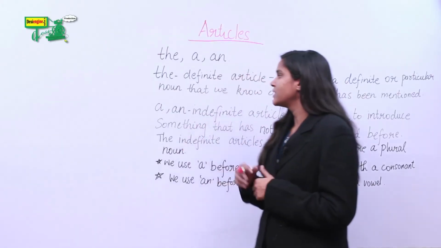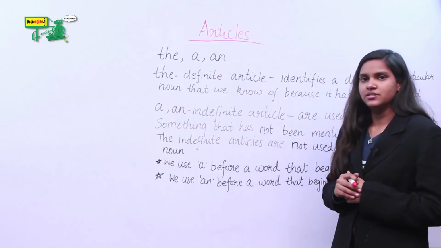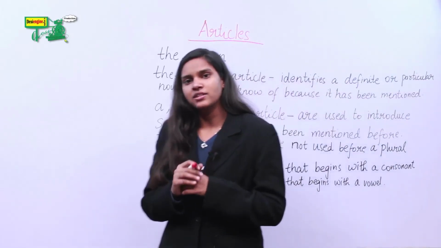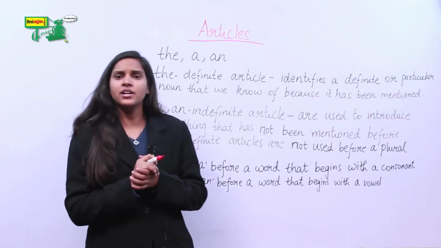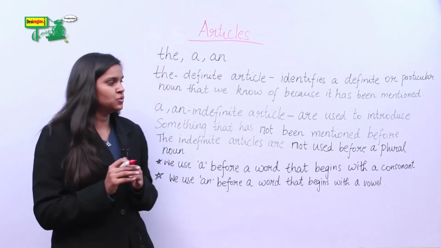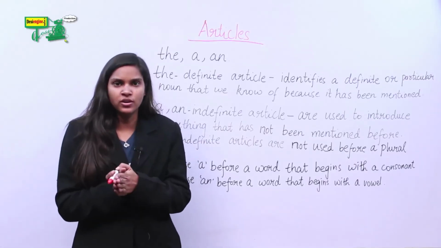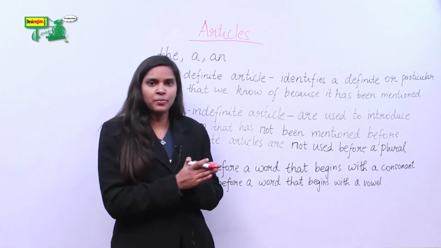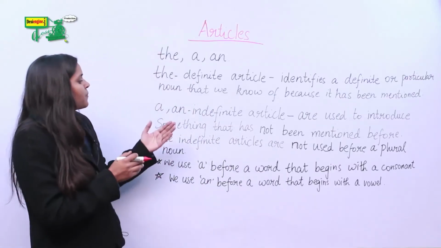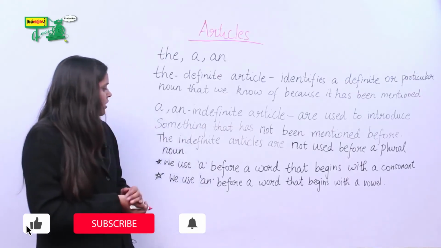Let's come to the next kind of article, which is the indefinite article. Examples of indefinite articles are a and an. Basically, indefinite articles are used to introduce something that has not been mentioned before. One of the rules to remember is that these are not used in front of plural nouns.